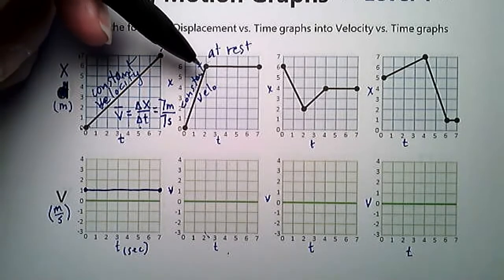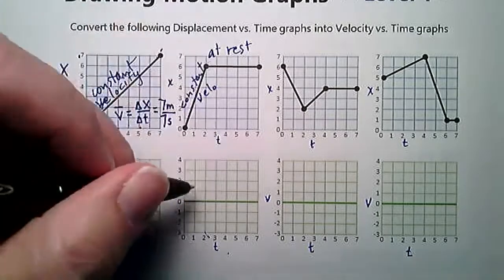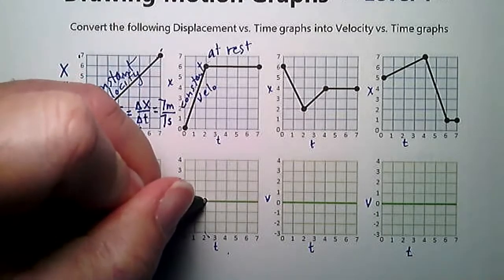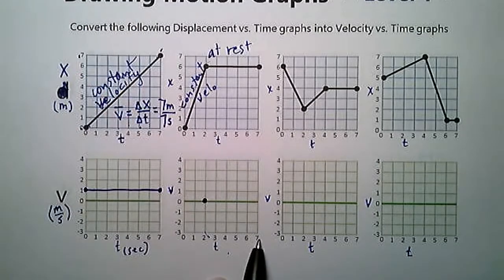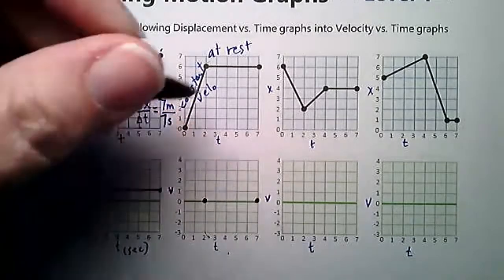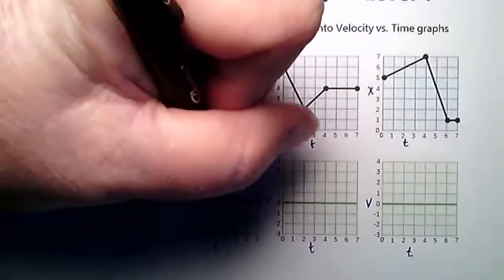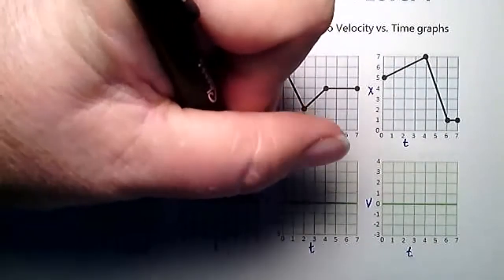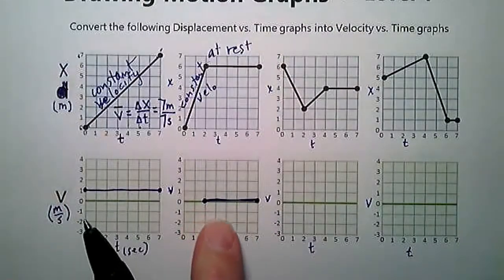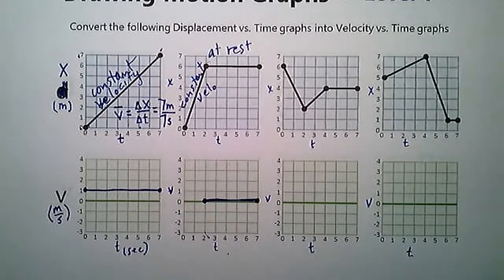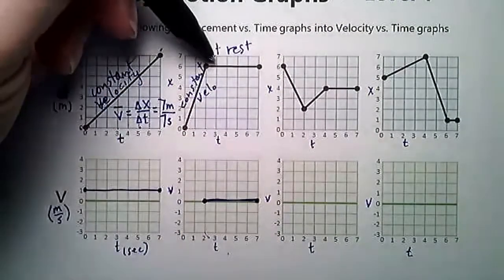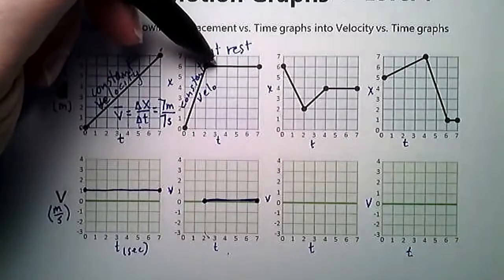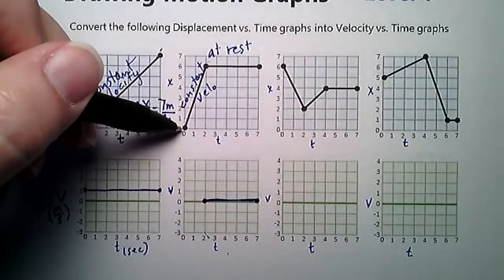I'm not moving. So I know that from 2 seconds all the way over to 7 seconds, my velocity must be 0. So I'm going to draw a line right along there to show 0 velocity during that period when I was at rest.